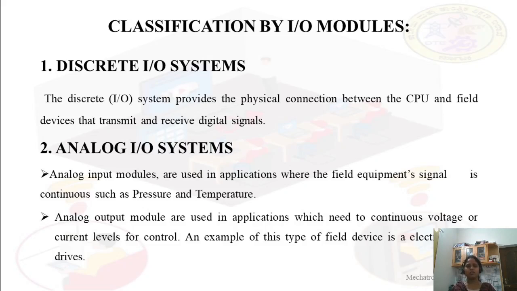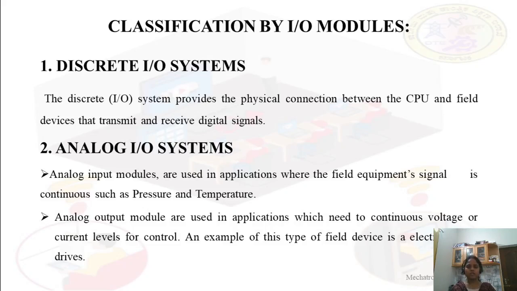So the digital I/O system provides a physical connection between your CPU and the field devices. But here the transmit and receive signals are digital signals, that is zeros and ones. Okay. And in case of analog I/O system, analog input modules are used in applications where the field equipment signals are continuous in nature.